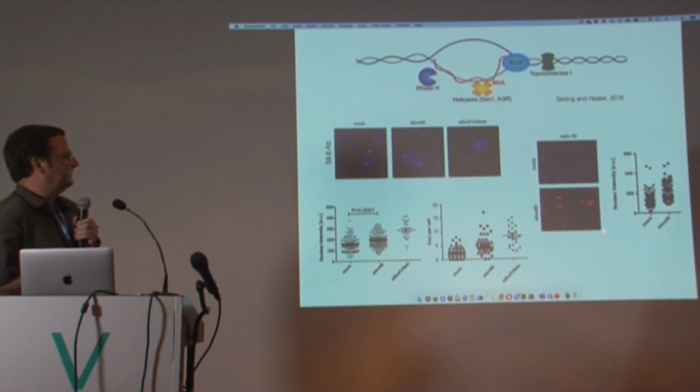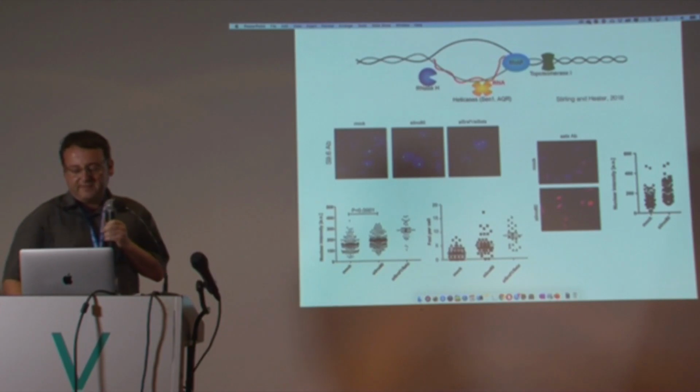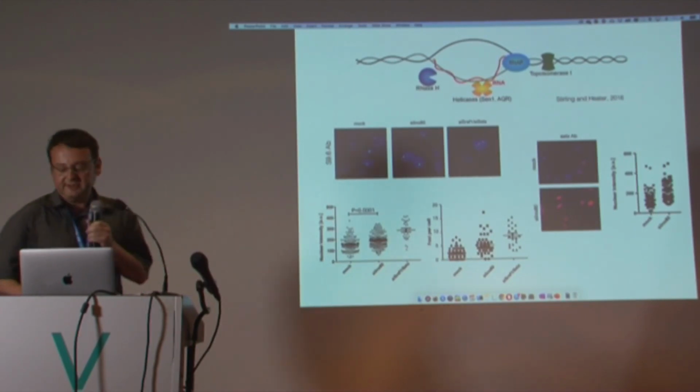Also, in these cells there is an increase of senataxin that is recruited to chromatin, and senataxin is a helicase that unwinds R-loops. So we think this might be the reason for what we see.